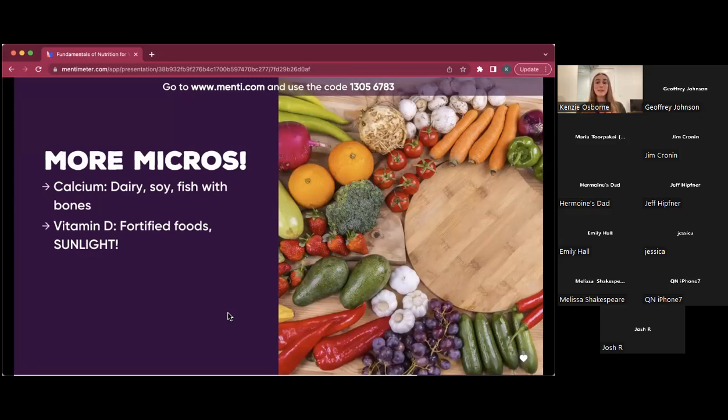Vitamin D can be found in some dairy products because the food manufacturer has fortified it. Otherwise, you can really only get it from direct exposure to sunlight, which is recommended at 15 minutes of direct exposure per day.